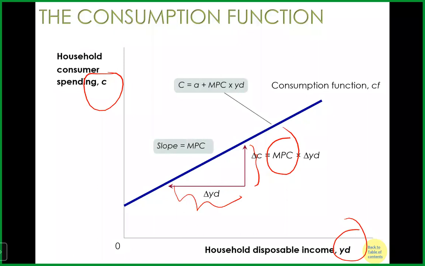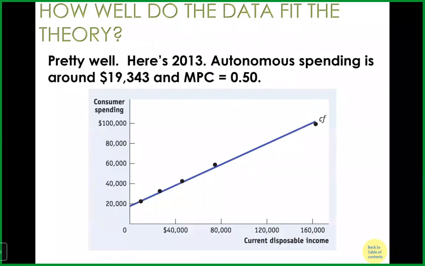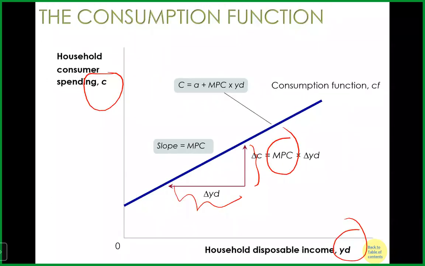And A goes to here. So we call it autonomous spending. This is the amount you must spend even when your disposable income equals 0. All right?